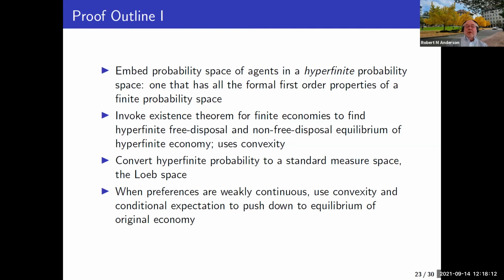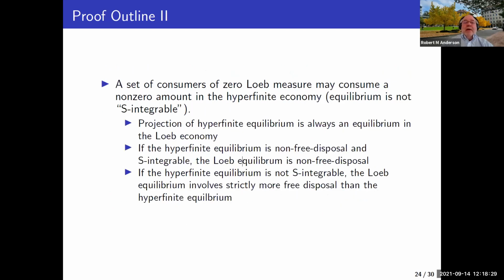Okay, so we can show that there is an equilibrium in a measure theoretic economy which resolves the issues we described as being problematic for a model of global warming. The second part is, I think, also quite interesting.